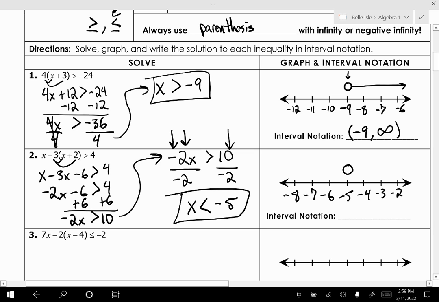Open, because it is less than. Okay, draw your graph. It is x is less than negative 5, so which direction do you go? To the left.